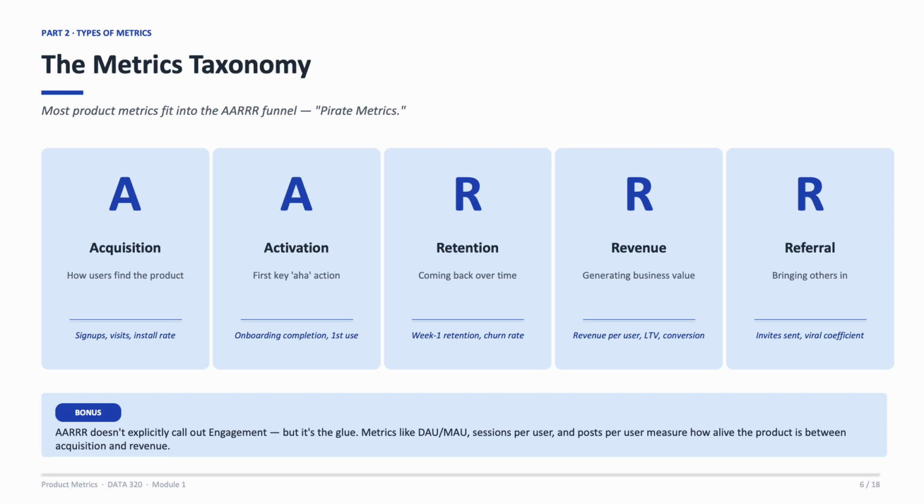If they can't tell you, the team probably doesn't have a clear measurement strategy. AARRR maps the whole funnel, but high-performing teams usually have one metric they rally around above all the others. That's our next slide.